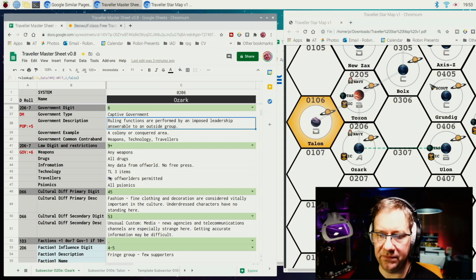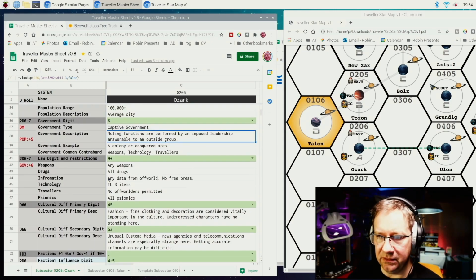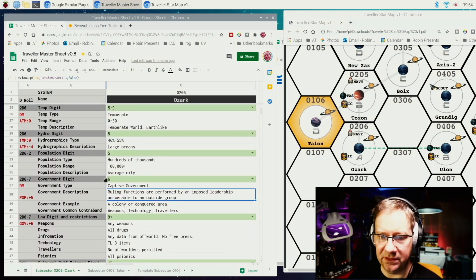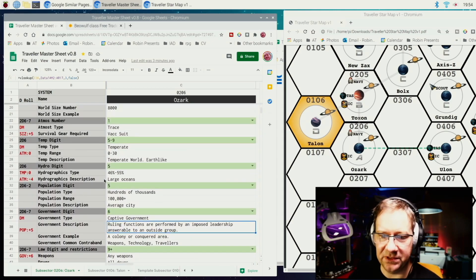Yeah, so high fashion world, closed in media, some kind of interesting aspects of the media, which is obviously controlled by this invading captive government that's conquered them.